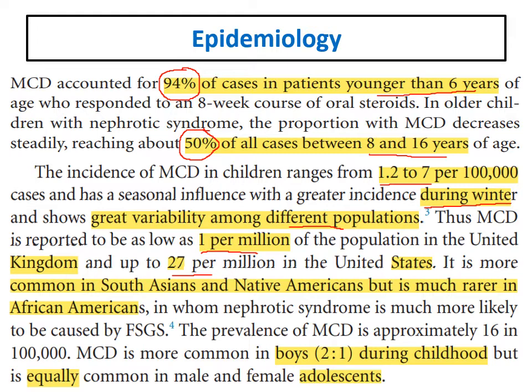Also, it is common in South Asians and Native Americans, but much rarer in African Americans. What is more common in African Americans is focal segmental glomerulosclerosis. Focal segmental is highest in African Americans, we'll talk about it later, while minimal change is rare in African Americans.